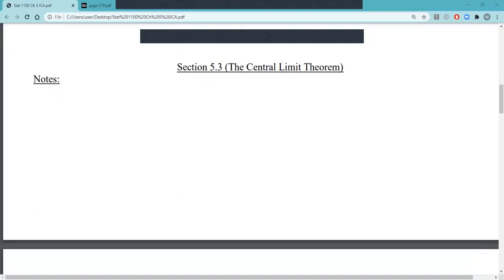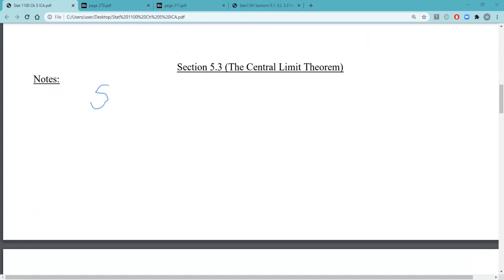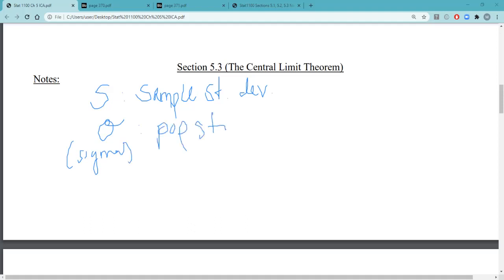All right, a couple different symbols that we are going to see. We will see lowercase s, which is our sample standard deviation. We will see sigma, which is our population standard deviation.